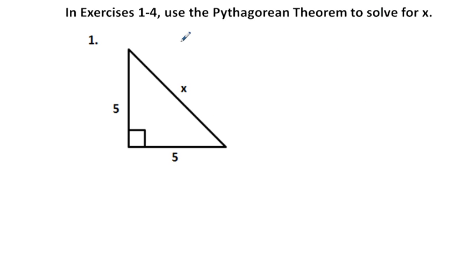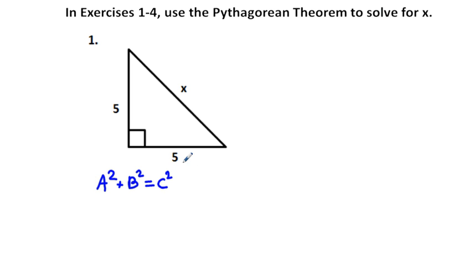Well, the Pythagorean theorem is probably the most famous equation in mathematics, and that is the equation a squared plus b squared is equal to c squared.